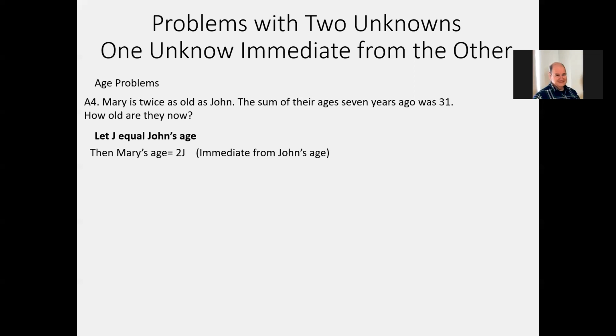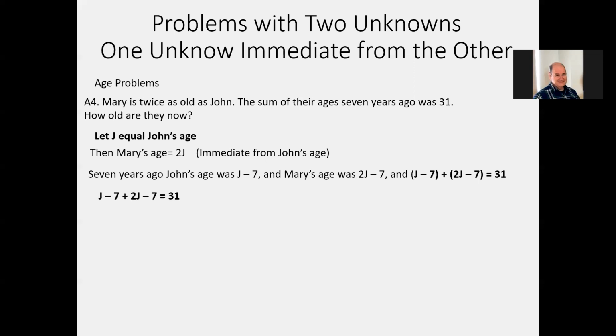All right, we're not there yet, but we are told that 7 years ago, J minus 7 and 2J minus 7, the two separate ages, add up to 31. Okay. And we have an equation where we can collect like terms and solve. John's age is 15 and Mary is twice that, which would be 30. Question.